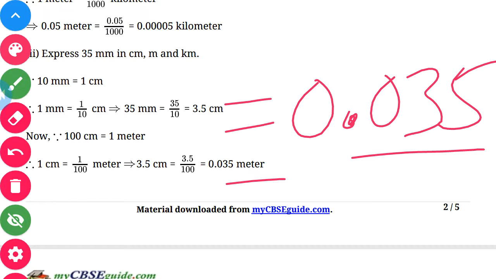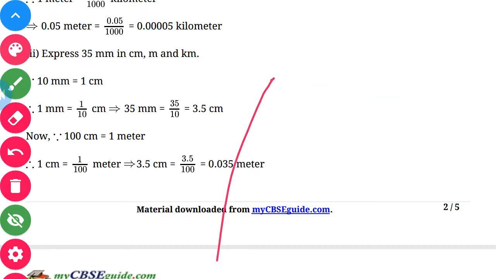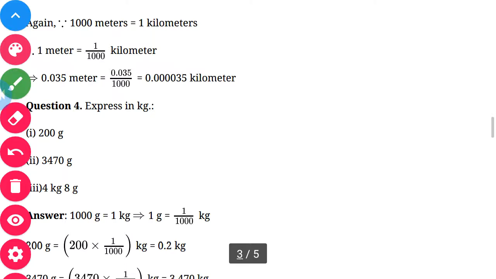Now I have to find it in terms of kilometers. Kilometers is also given here. 1 kilometer is equal to 1000 meters. So 1 meter is equal to, in terms of kilometers, 1 divided by 1000. Again I multiply, which will give you 0.035 divided by 1000.